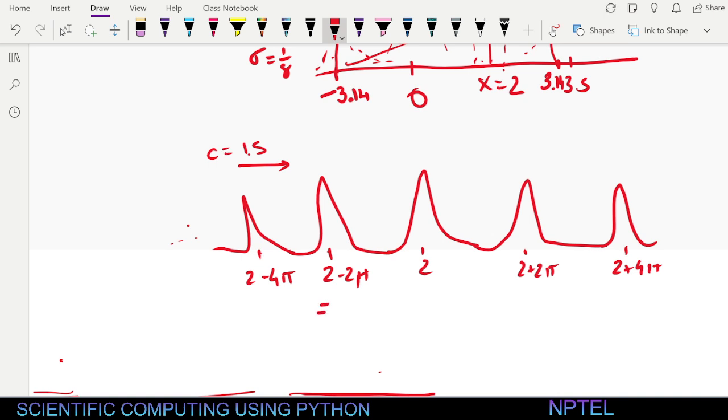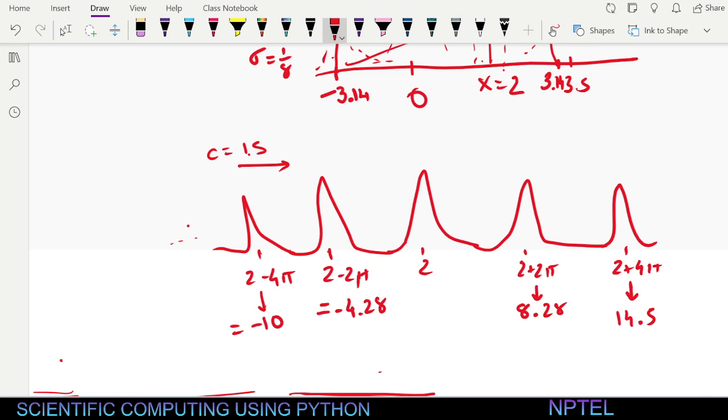Okay, so this is going to be 2 minus 2 pi, which is 2 minus 6.28, so minus 4.28. This will be 4 pi. What is 4 pi? 12.56. Yeah, about 12.5. So this will be around minus 10, and this will be 6.28 plus 2, so 8.28. This is going to be 14.5, something like that.